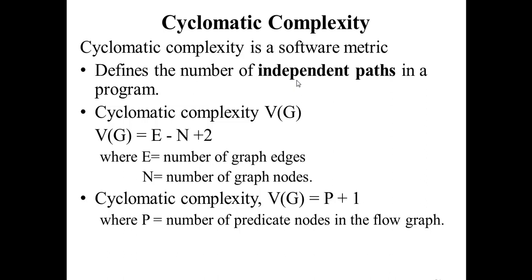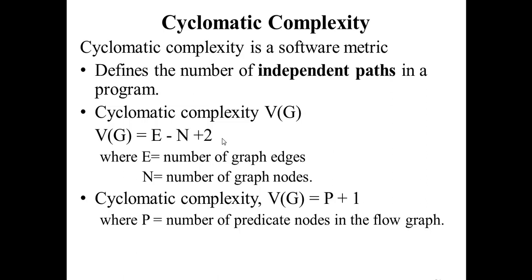So how can we calculate it? Cyclomatic complexity V of G, where V is the cyclomatic complexity for the graph G, is equal to the number of edges in the graph minus the number of nodes in the graph plus 2. That is how we can calculate the cyclomatic complexity for that particular graph.